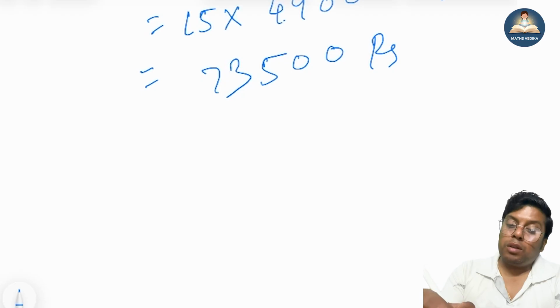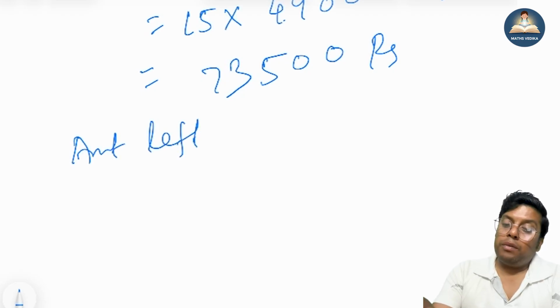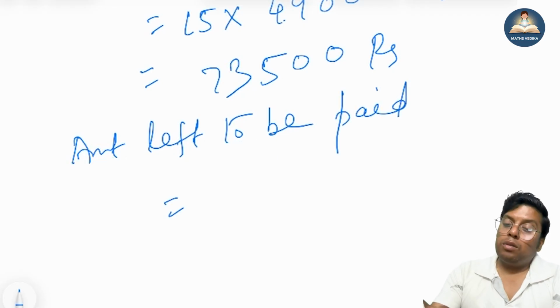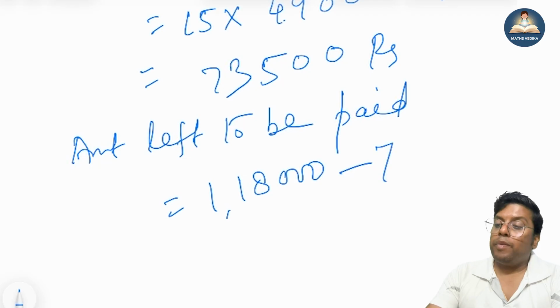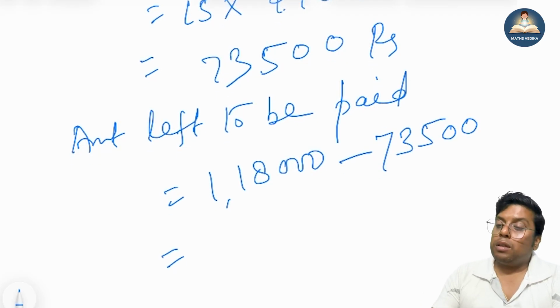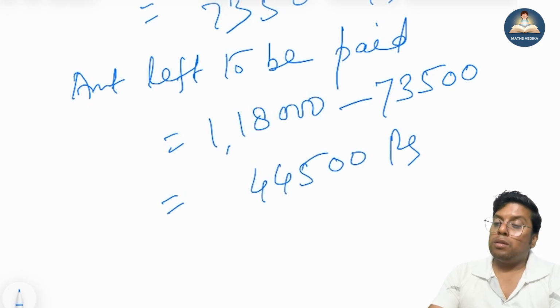So after 30 installments, the amount left to be paid is equal to the total loan amount 1,18,000 minus 73,500, that will be equal to 44,500 rupees.